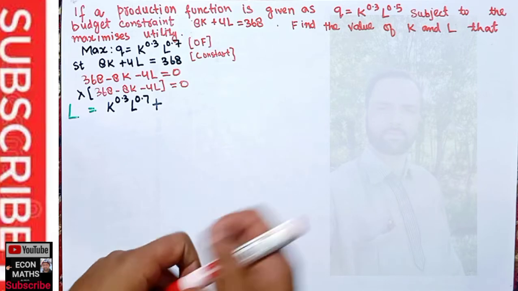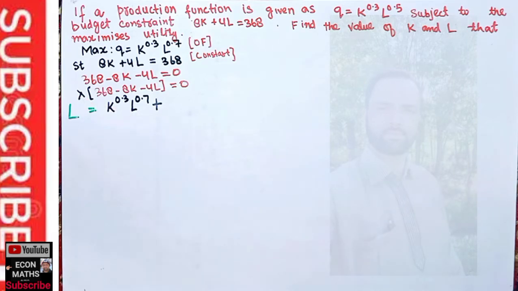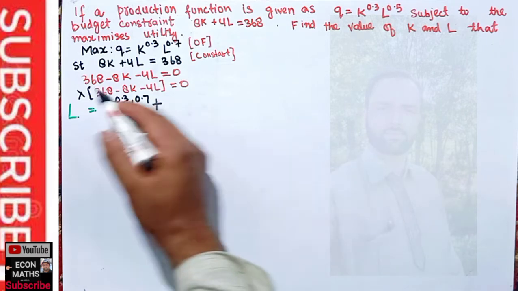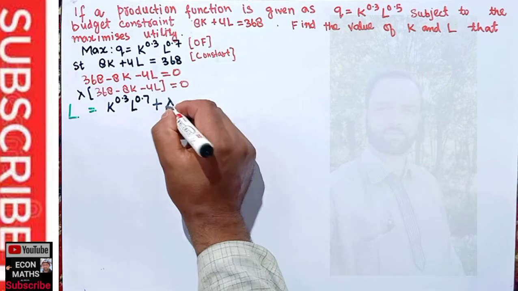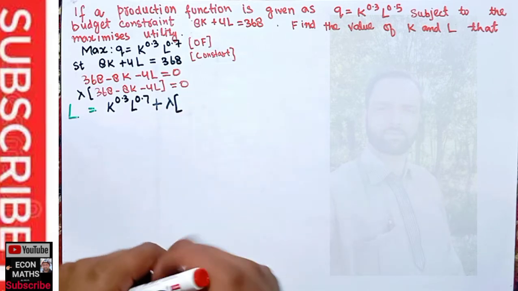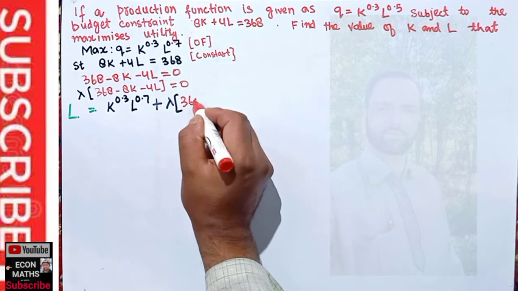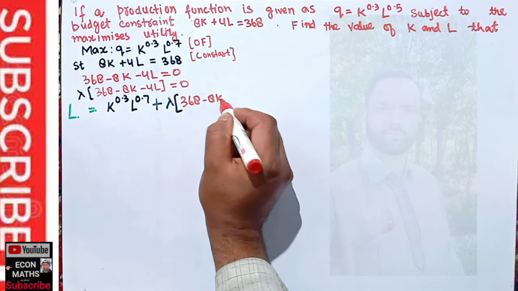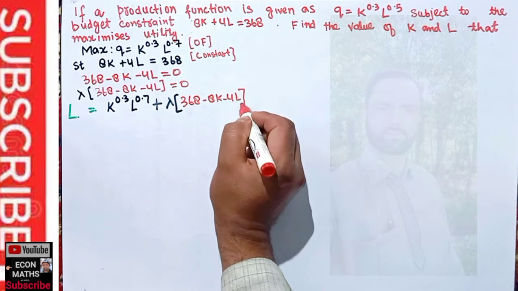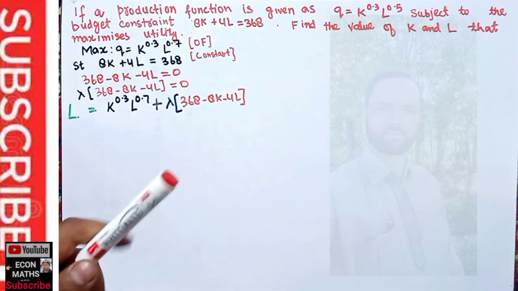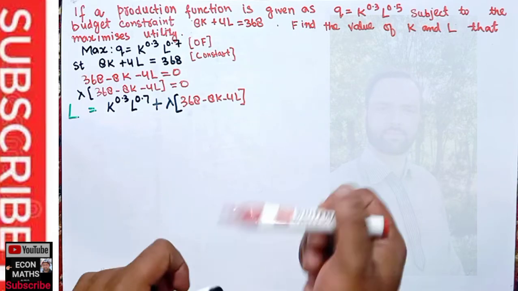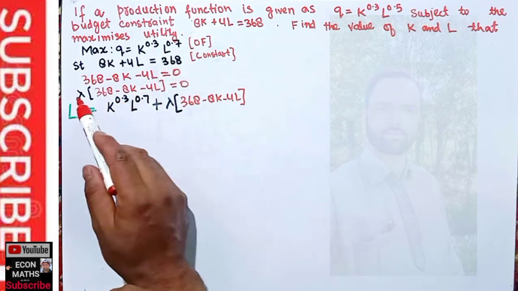this, so let me try another color. So we add this resulting lambda times 368 minus 8k minus 4l. That means our Lagrange's function is formed by adding the objective function and the resulting constraint.